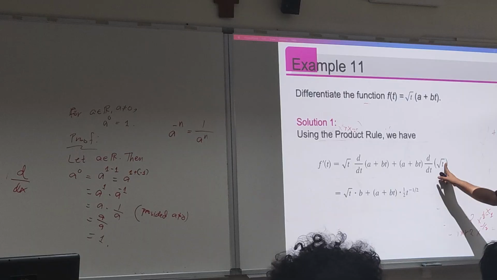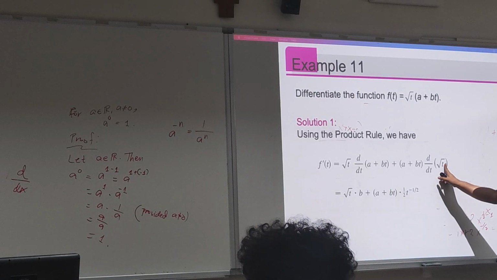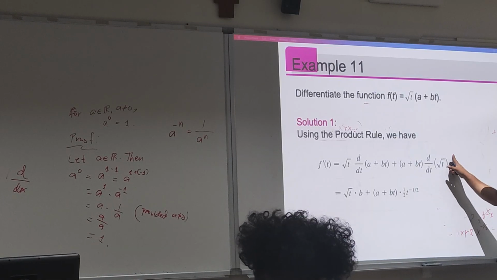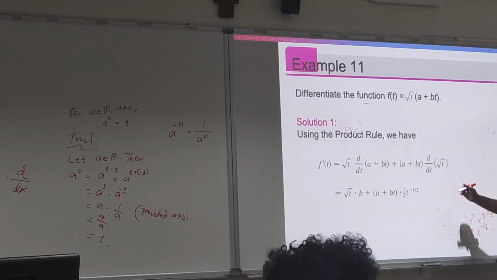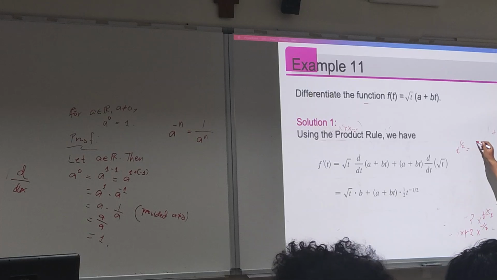From radical, you can transform this one to its exponential form, diba? Square root of T, that's just T raised to 1/2. And then perform the power rule, general power rule.